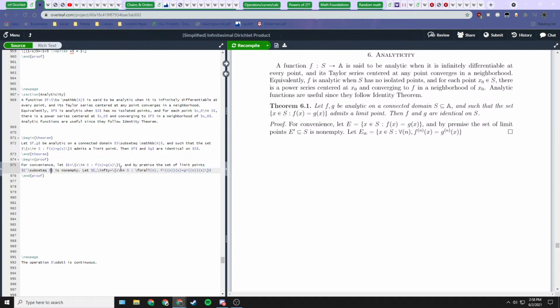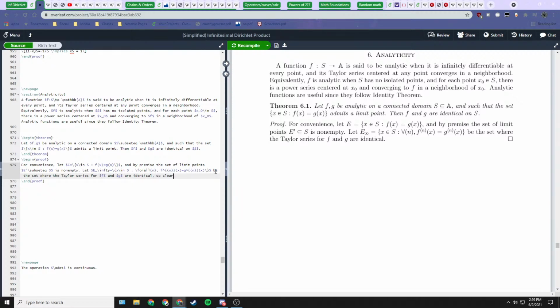Let E sub infinity be the set where the Taylor series for f and g are identical. So clearly we have E infinity subset equal to E.